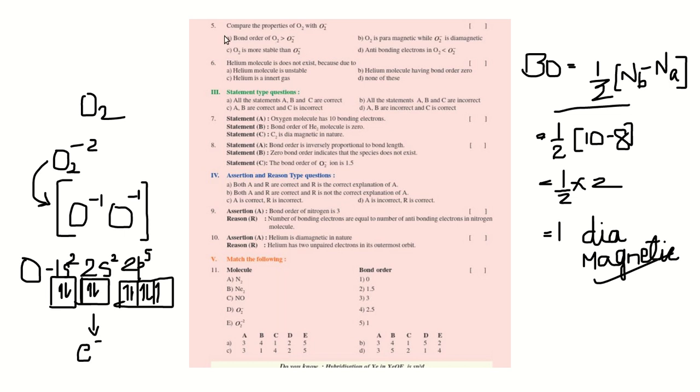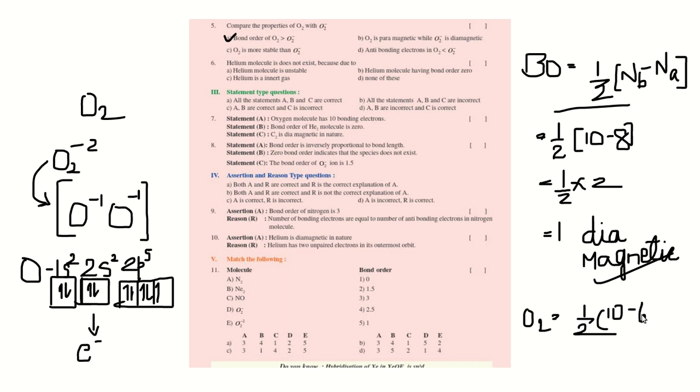Option A, that is bond order of O2 is greater than O2 minus 2. For O2, when you find it, the bond order is half of 10 minus 6.